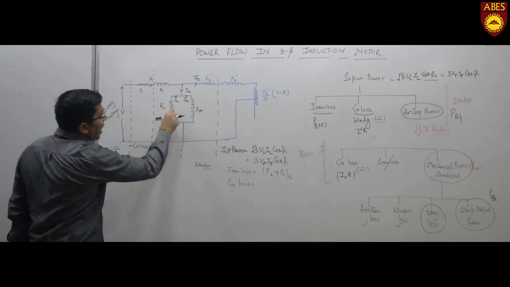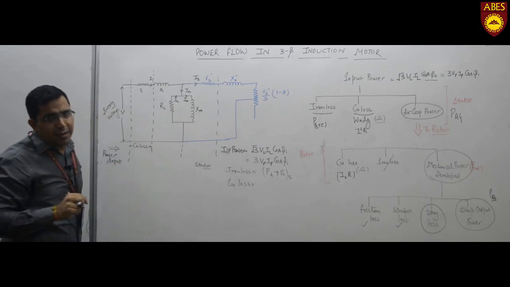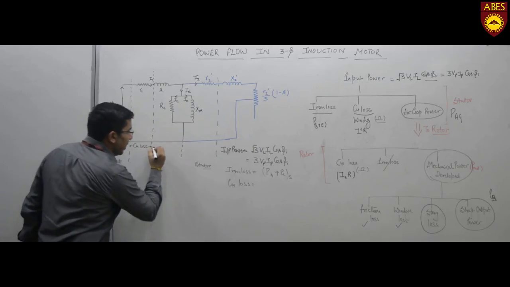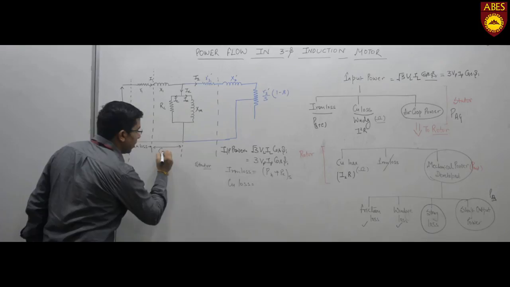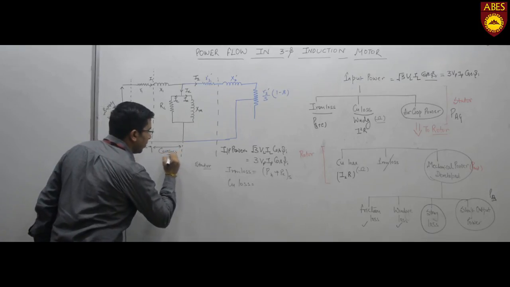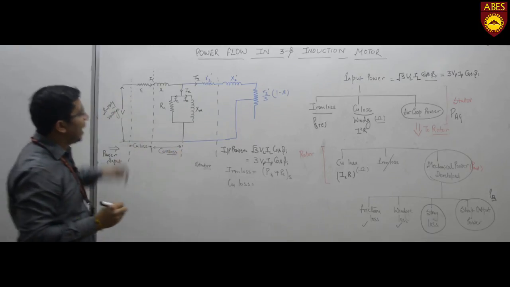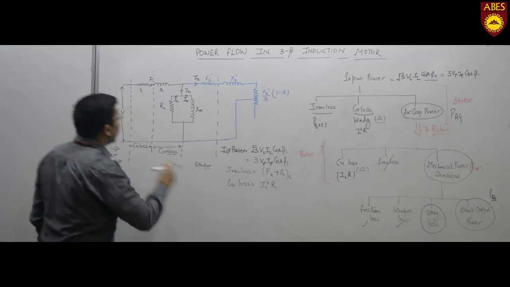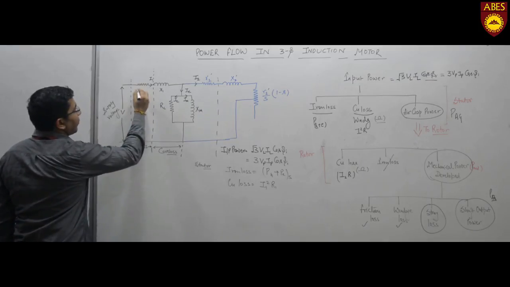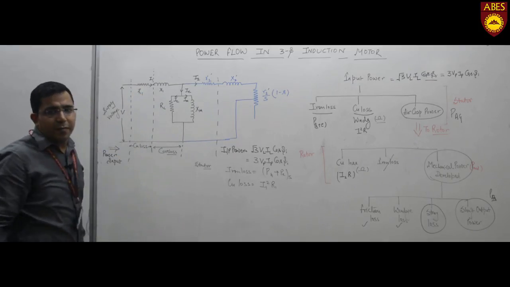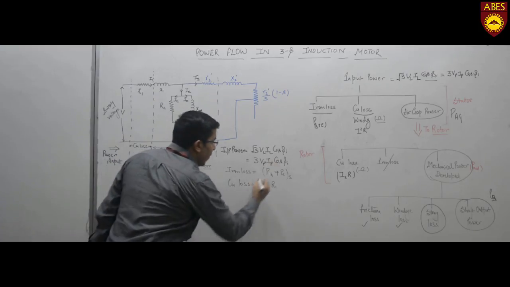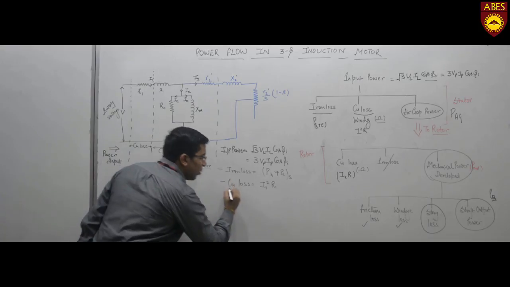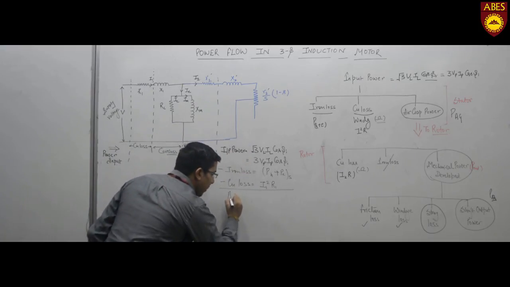Now this RC represents the core resistance, so in this portion there is core loss. The copper loss can be given by I1 square R1, where R1 is this resistance. The remaining power, that is input power minus the iron loss minus the copper loss, gives you the air gap power.